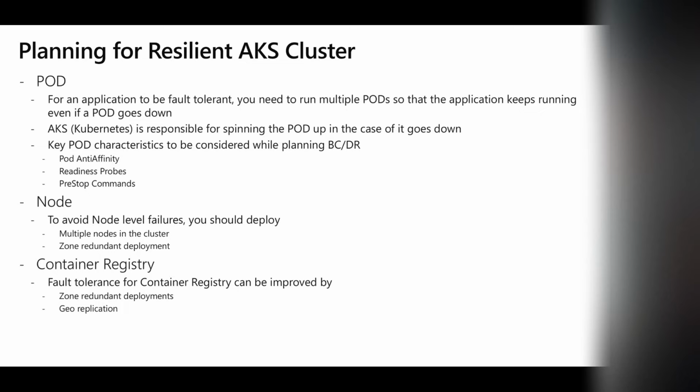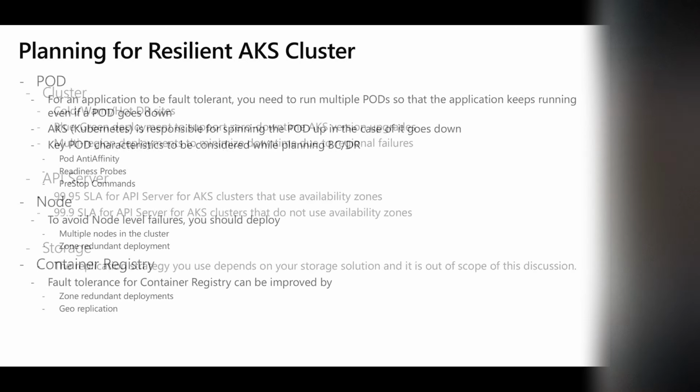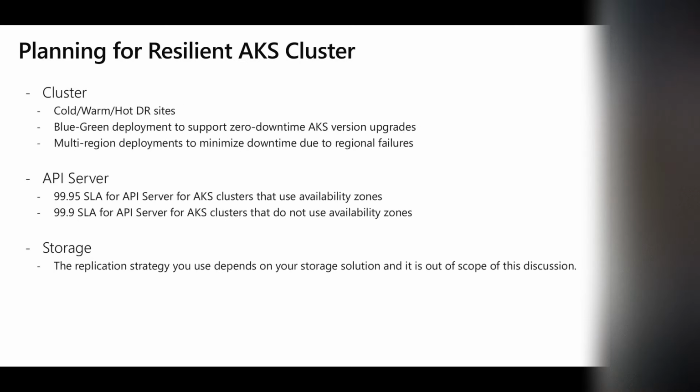In regards to container registry, ACR supports multiple ways. You can have premium ACR, which is also zone redundant. If you are doing a geo redundant deployment, you can use geo replication of the registry. So that will address that. And as we go to the cluster, we will look at some of the approaches of what you can do.